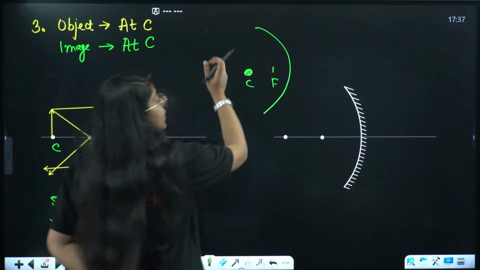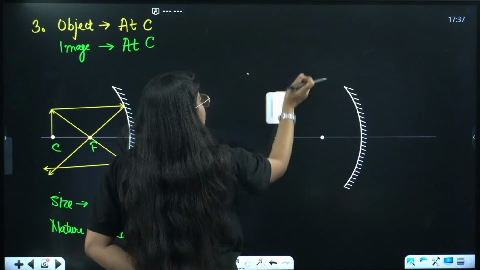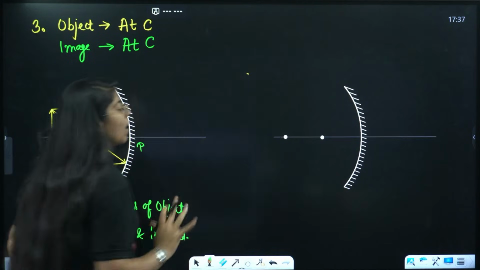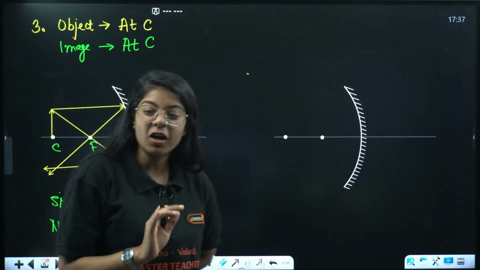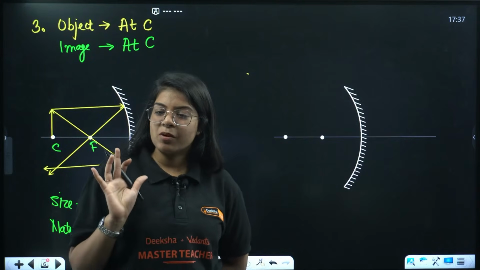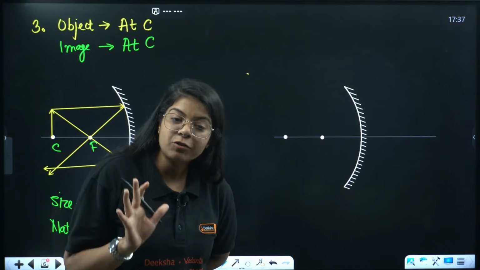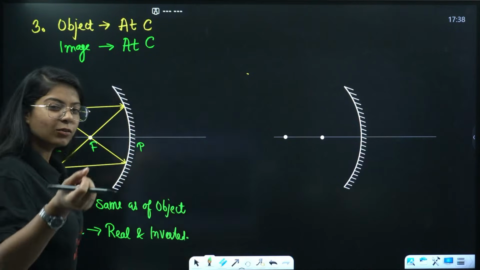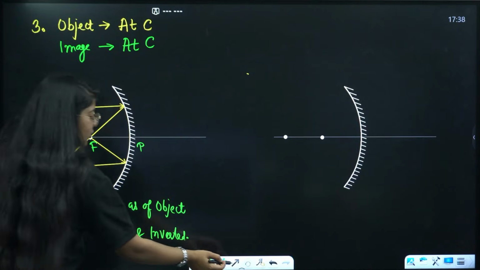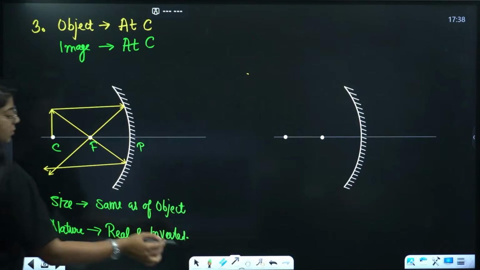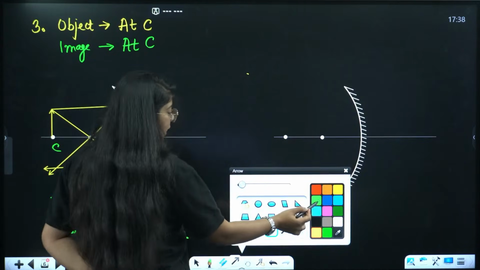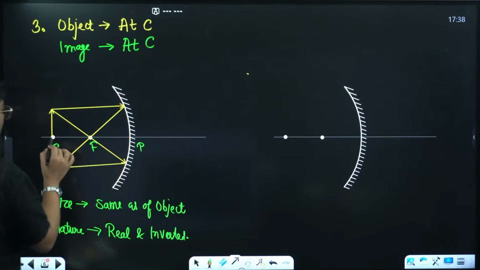ठीक है. But if you don't make the ray diagrams with compass, this is what you have to do. You have to manipulate your rays. Yes, image will be formed at C, but we have to form the image at C, right? So you have to slightly edit, manipulate your, क्या बोलते हैं, rays. ठीक है. Done है. Understood?